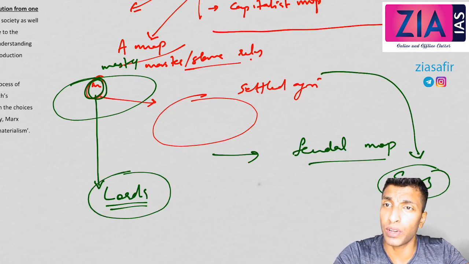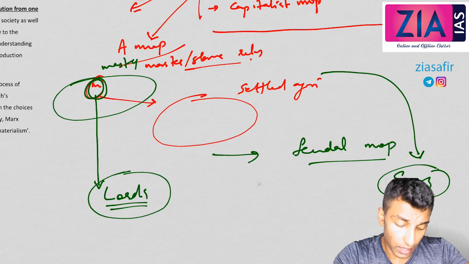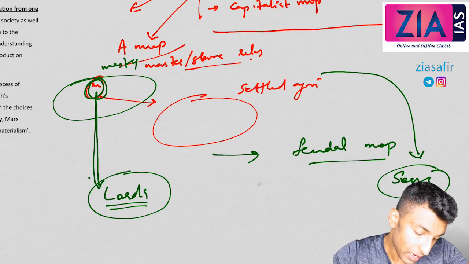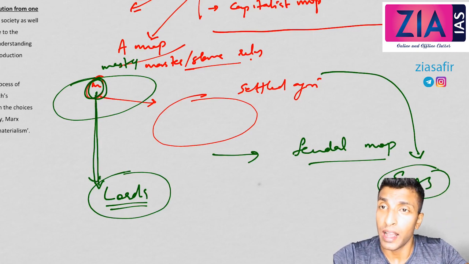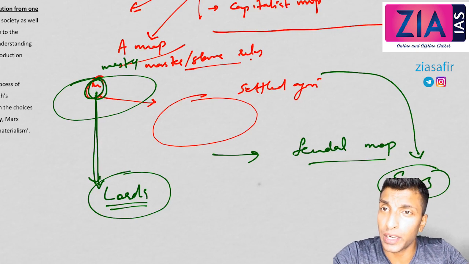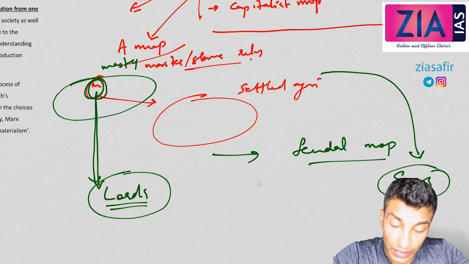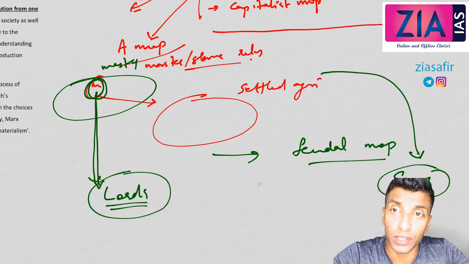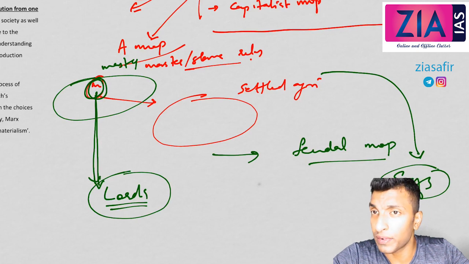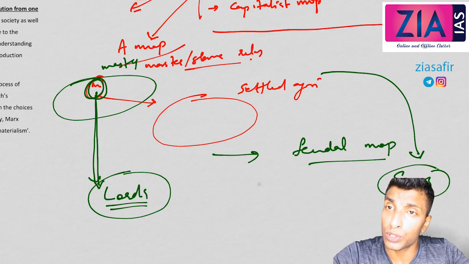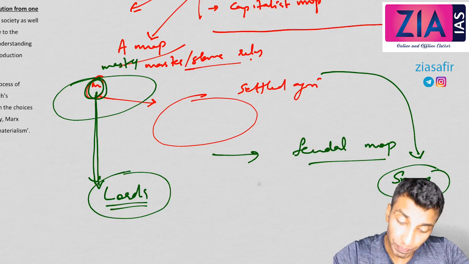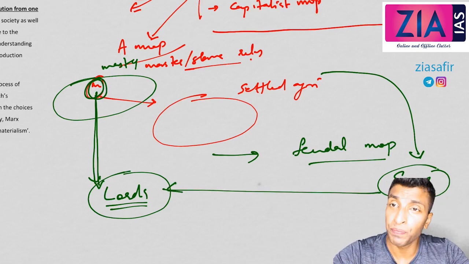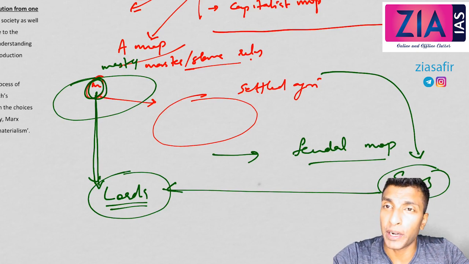The reason why erstwhile masters become lords is actually, see, already they are part of the settled agriculture. And now even though you are ready to cultivate, you are cultivating, you have everything, but still the serfs are totally dependent on the lords, feudal lords, in terms of land and protection. They don't have the land and they also need some place to save the produce. So for land and protection, the serfs are still dependent upon the lords.